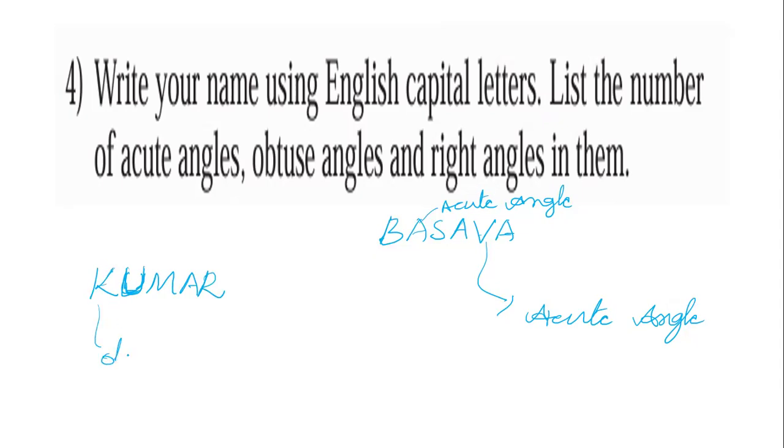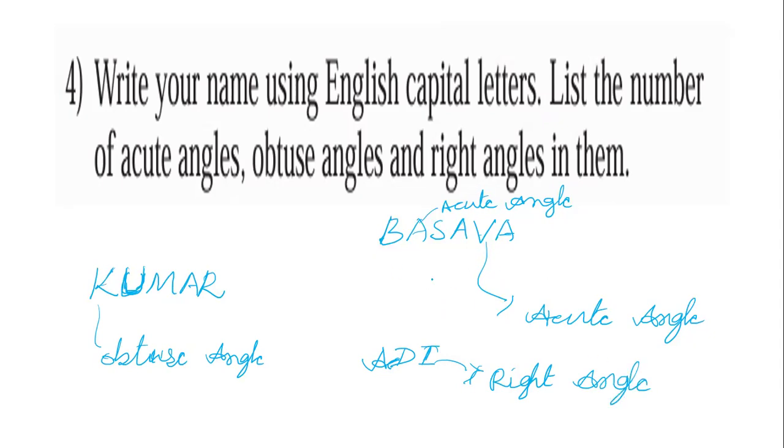This is an obtuse angle. You can name Adi like this. Here a right angle is found. Right angle. You can name your interested person also.